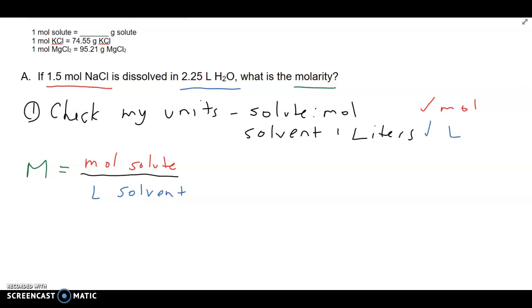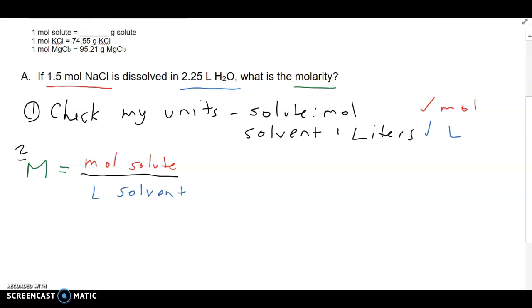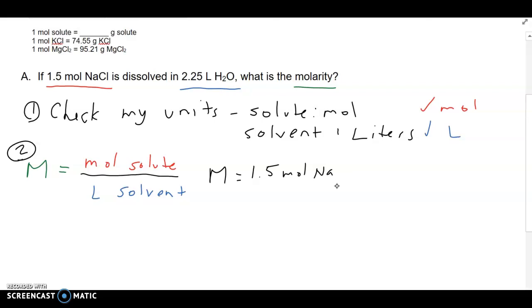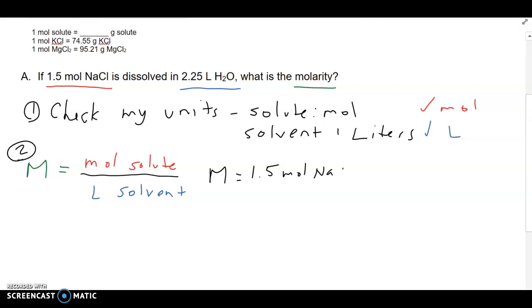So this is basically step number 2. Step number 2, I'm going to plug in what I have. So, looking for M, I'm going to plug in my 1.5 moles of NaCl. Oops, that's supposed to be a big C. Over my 2.25.